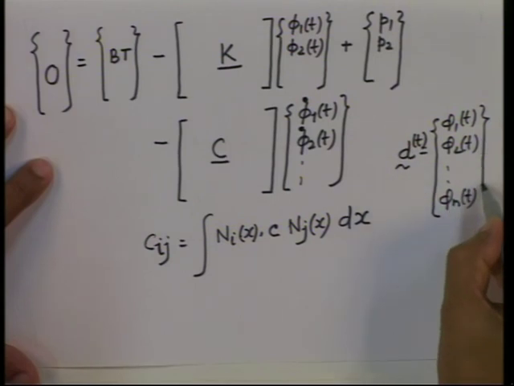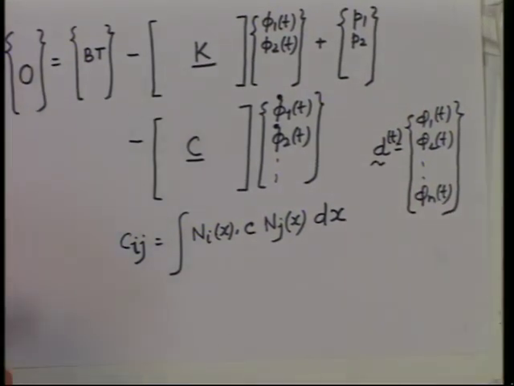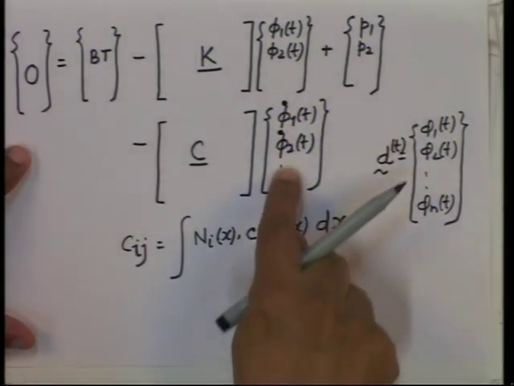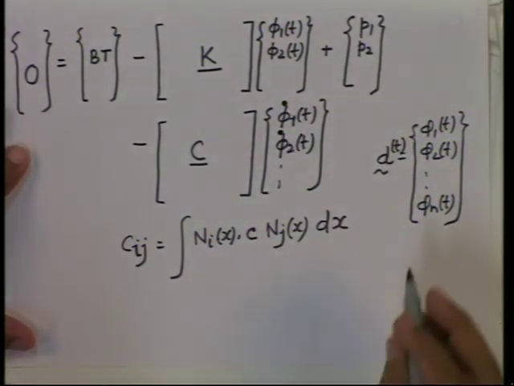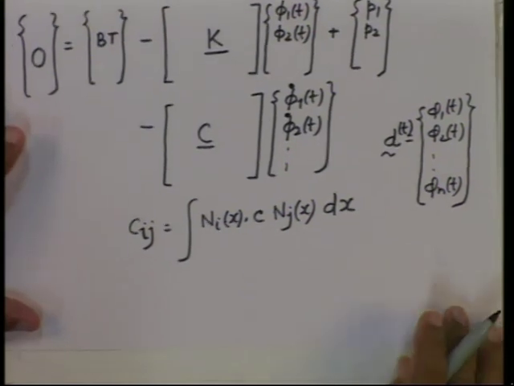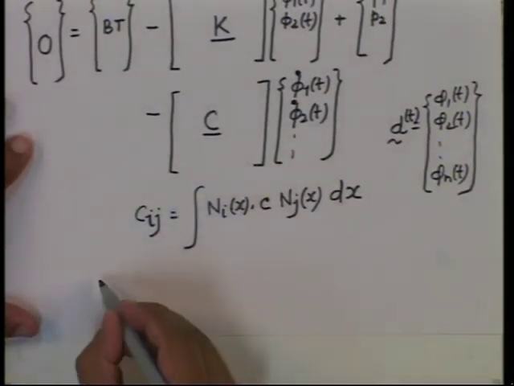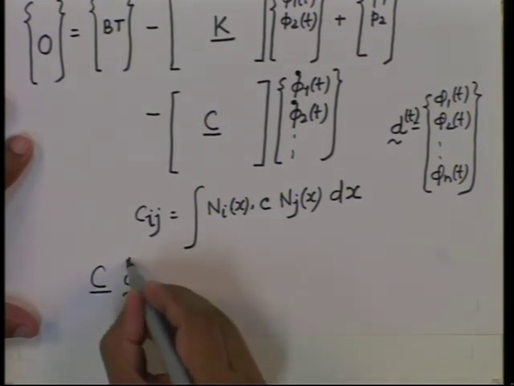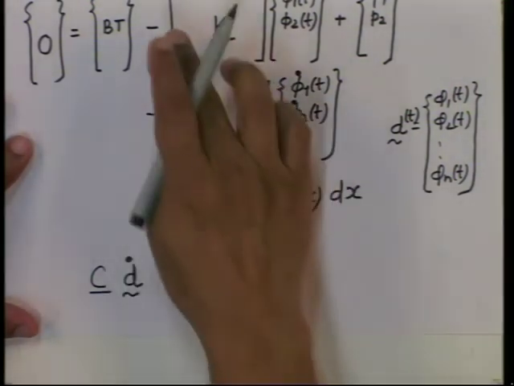Each nodal quantity is a function of t. So then this will become d dot. So you will get a matrix C d dot. I am just telling you, both are minus.